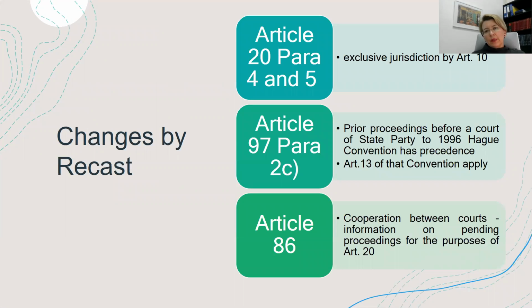There are, however, certain other rules that may affect the lis pendens provision. The first one is Article 20, where the provision on courts with exclusive jurisdiction by Article 10 is added.